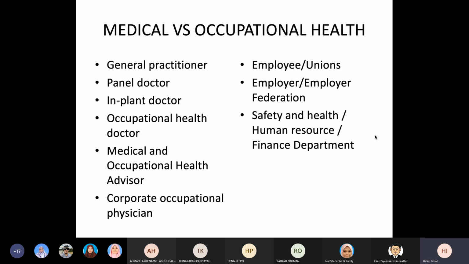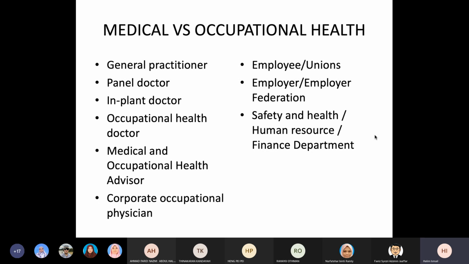I've told you about OHD and medical. Sometimes, if some of you are interested in occupational health and decide you don't want to work with the government anymore, you can become a medical and occupational health advisor in industry, especially in oil and gas and petrochemical industries.